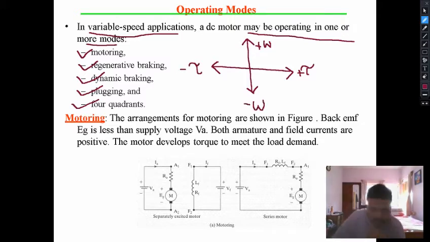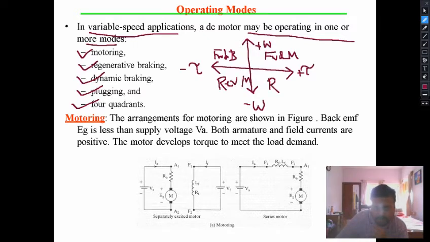Right? So you see here, this is forward motoring, this is forward braking, this is reverse motoring, and reverse braking.